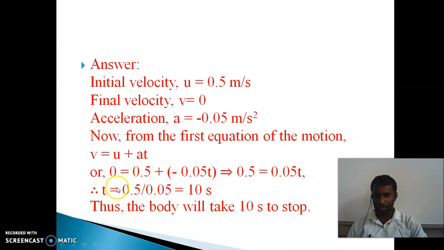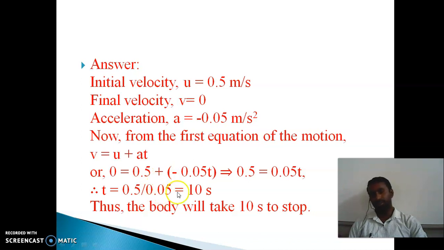Sir, how can we calculate 0.5 divided by 0.05? Look at the denominator: how many digits are present after the decimal point? One digit 0, another digit 5, so 2 digits. So we have to multiply by 100 in the denominator as well as the numerator. 0.5 into 100 means the decimal point moves, so 50.